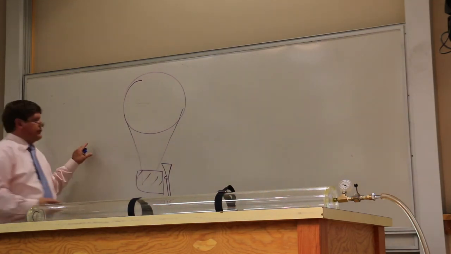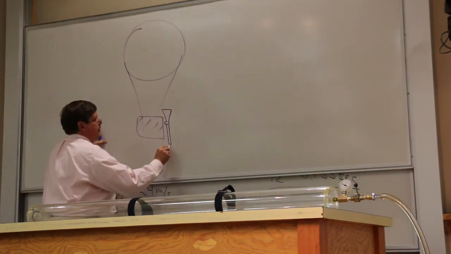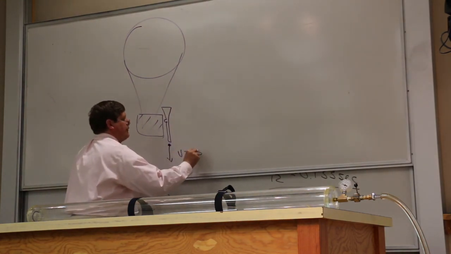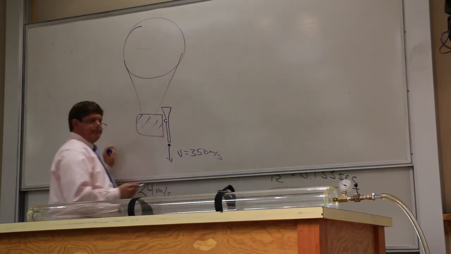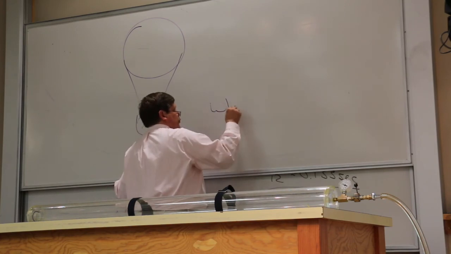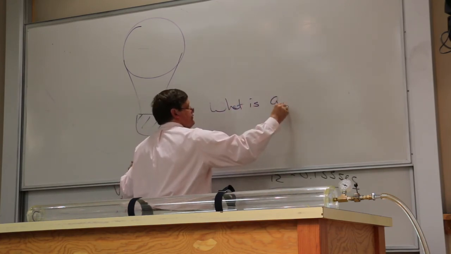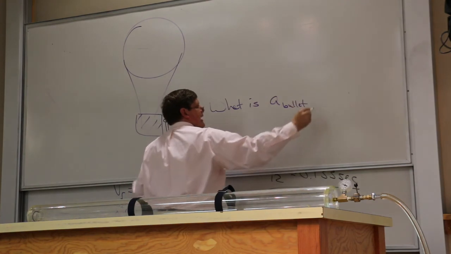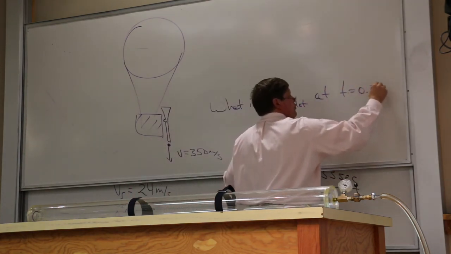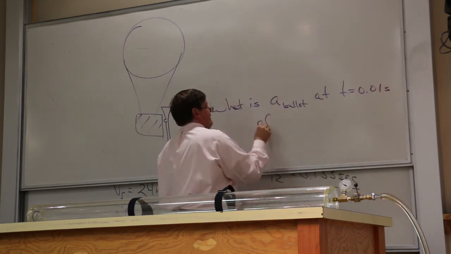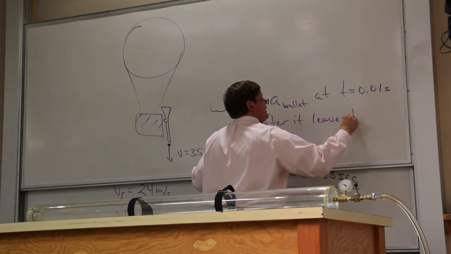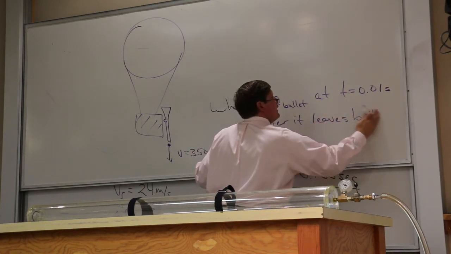So you fire the gun straight down, and the bullet leaves the barrel with a velocity of 350 meters per second. My check question is, what is the acceleration of the bullet at a time 0.01 seconds after it leaves the barrel?